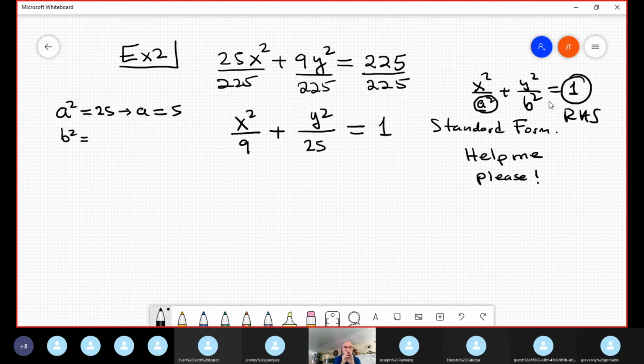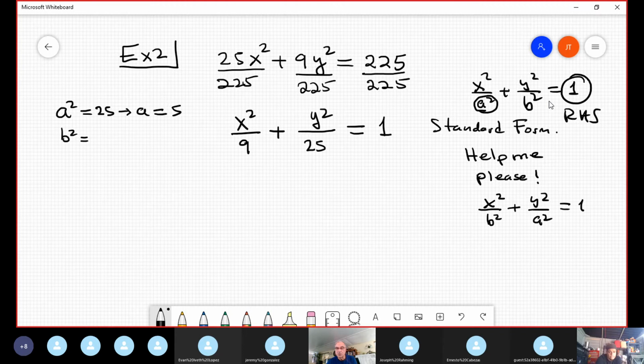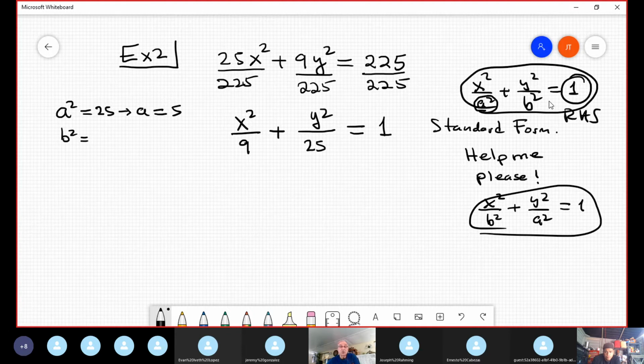Opposite. Because not necessarily you associate A and X. Remember, we have two kinds of ellipses. Maybe we have this situation, this equation or this equation. How do you know?